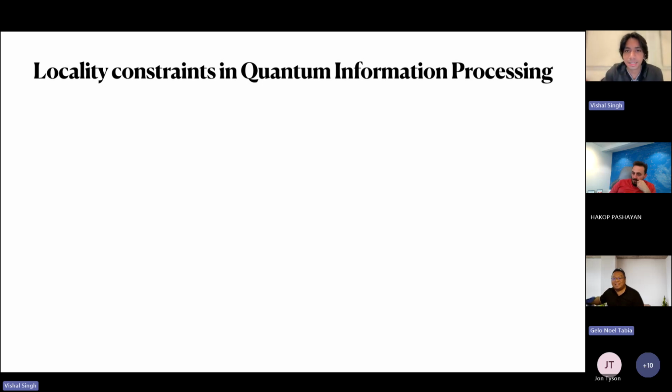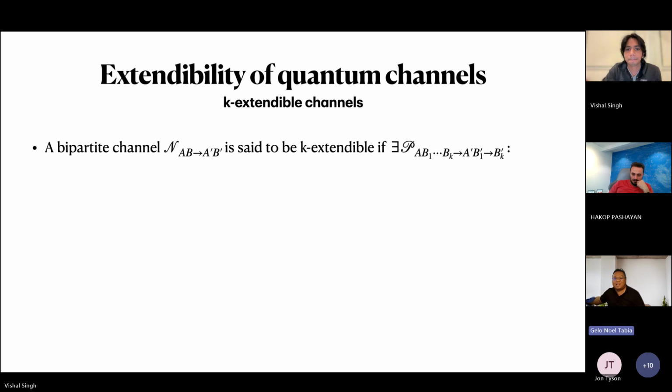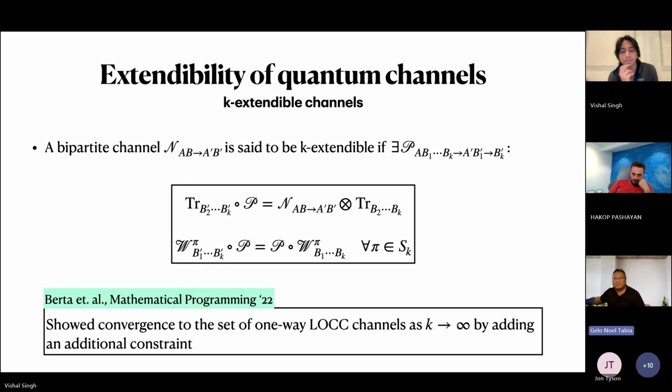Sorry to interrupt again. Yeah, sure. Just to check, if you have a k-extendable channel, so that means that the Choi state of the k-extendable channel is k-extendable? What's the precise statement one can make? So the statement that you said is true if we have a point-to-point channel.